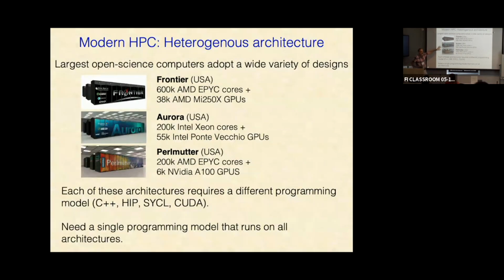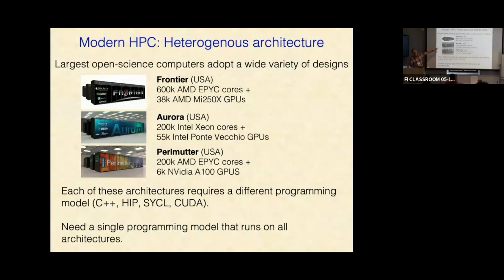Aurora, which is coming online mid next year, 55,000 Intel PVC GPUs, is going to have 2 exaflops of performance. These machines are typically 100 times faster than existing machines. And the amount of time that's being made available for open science on these machines is outstanding. Billions of core hours are being allocated for open science projects. And so there's an enormous amount of available computational time.